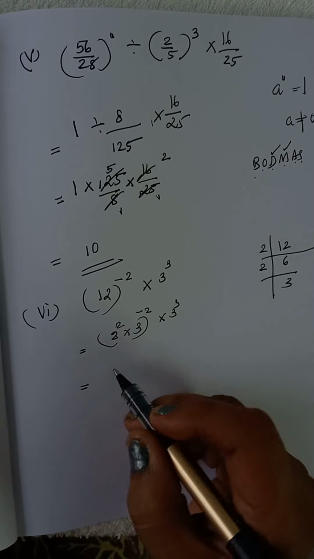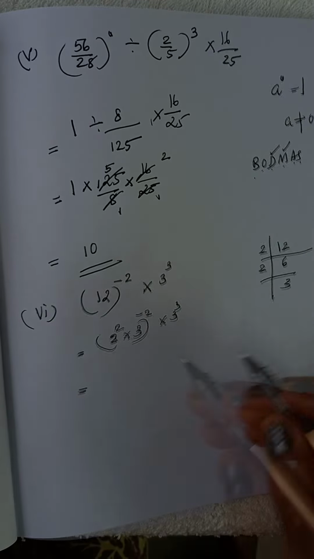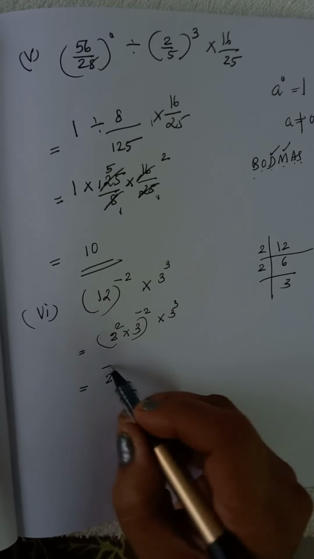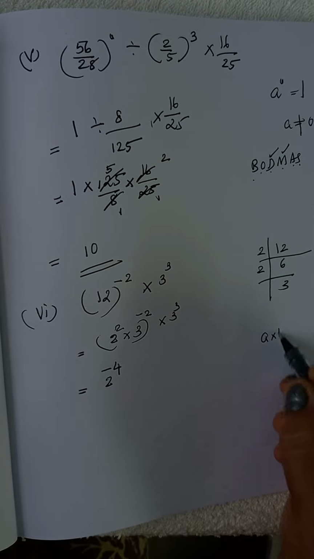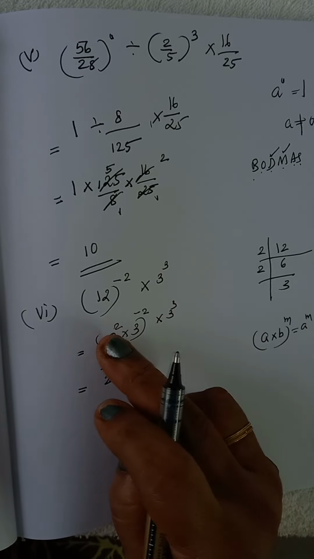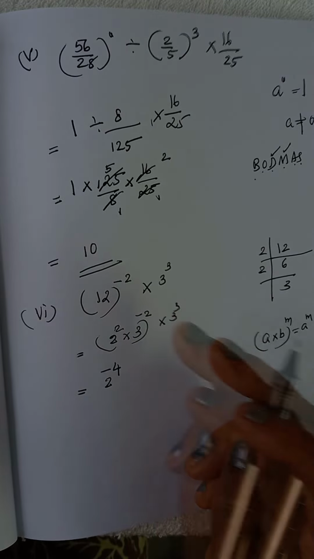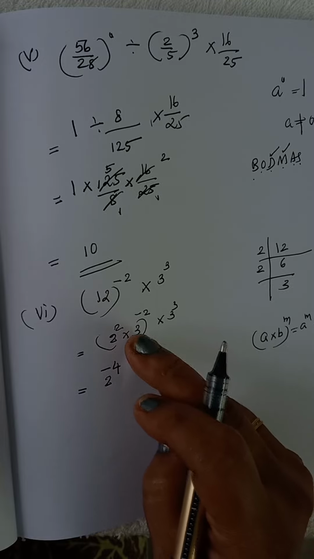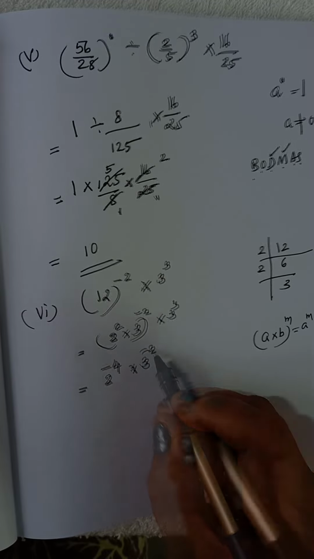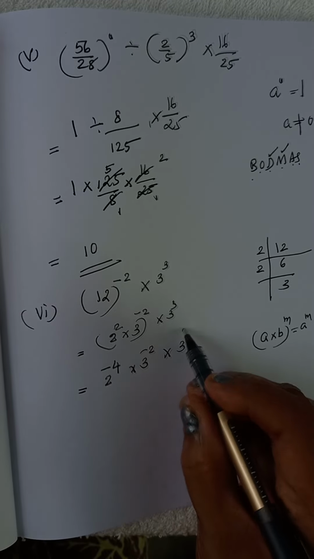This is equal to 2 raised to 2 raised to minus 2, that is 2 raised to minus 4, that is (a into b) raised to m is equal to a raised to m into b raised to m. By using that, 2 raised to 2 raised to minus 2 into 3 raised to minus 2, like that. So that into 3 raised to minus 2 into 3 raised to 3.